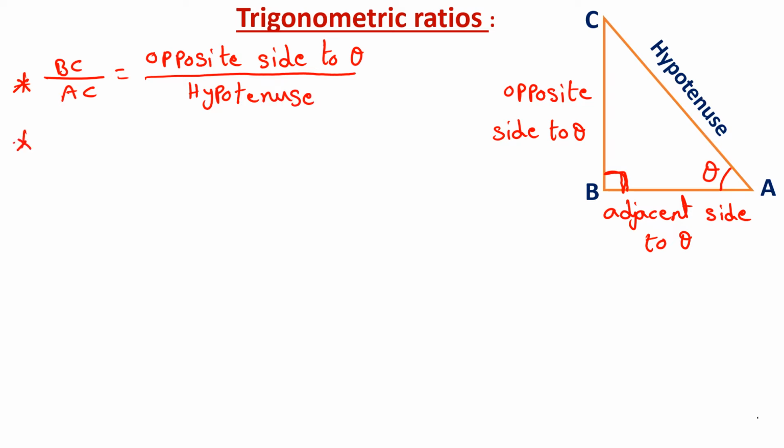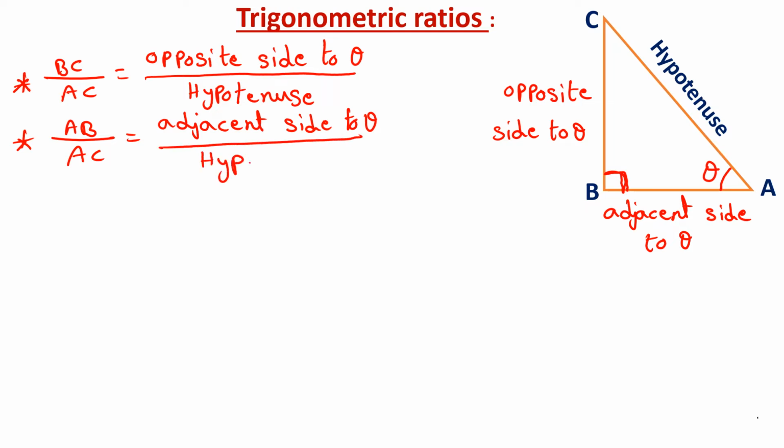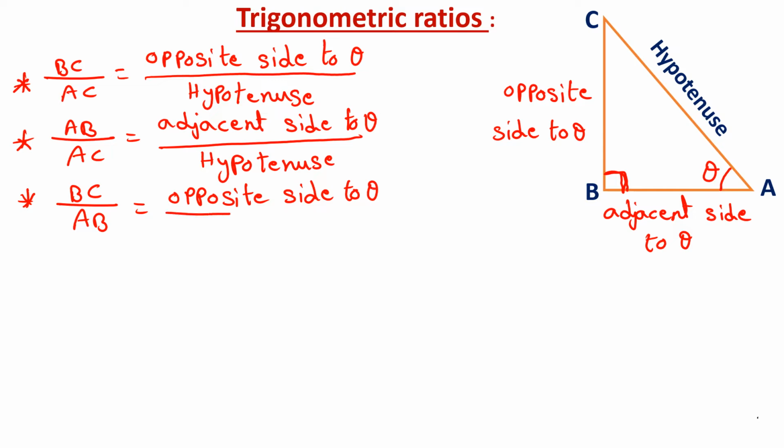The second ratio is AB by AC, which equals adjacent side to theta by hypotenuse. Now BC by AB equals opposite side to theta by adjacent side to theta.